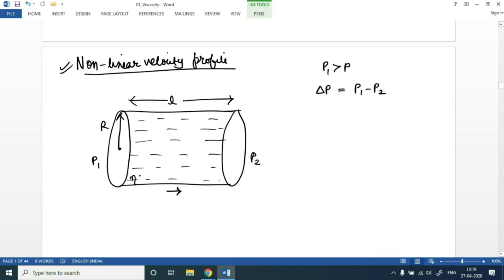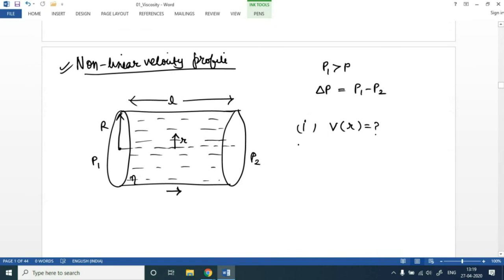And we wish to find out certain things. First, let's say this is the axis of the capillary, and at a distance r from the axis we want to find the velocity profile as a function of r. That is the first thing.